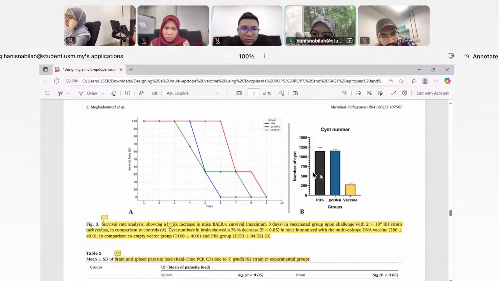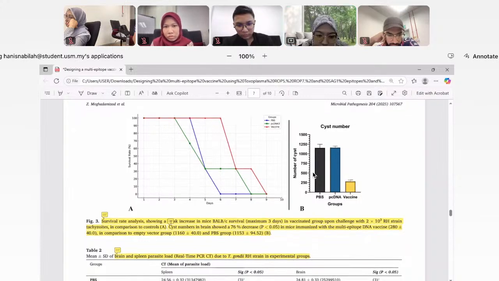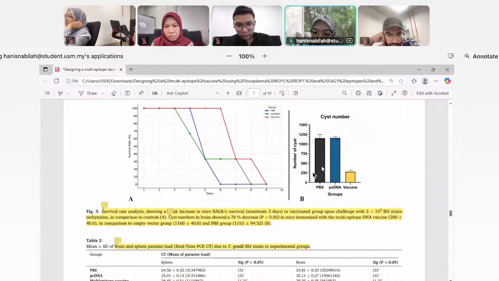And then this one they did for the cyst number. This one they use the second strain, so the PBS group and the empty vector group have a greater number of cysts compared to the vaccine group.